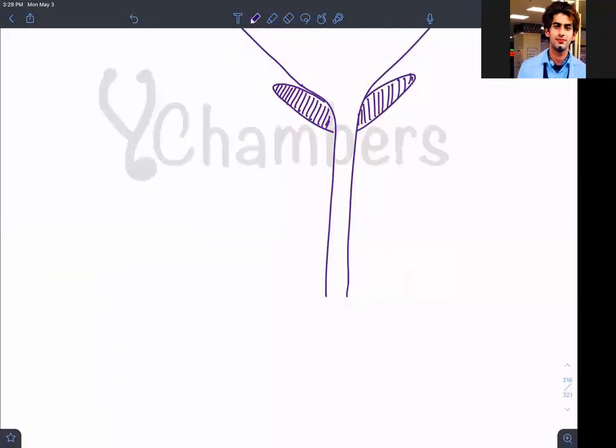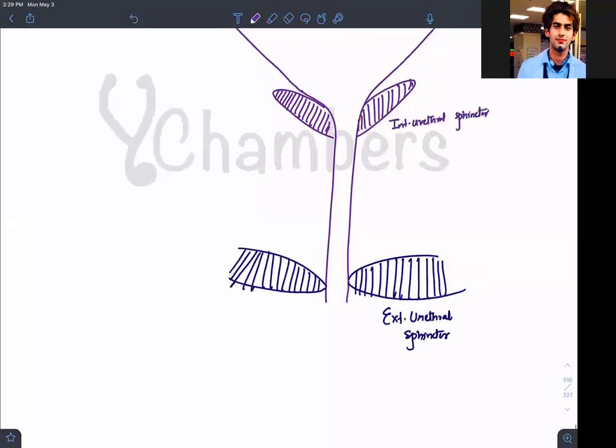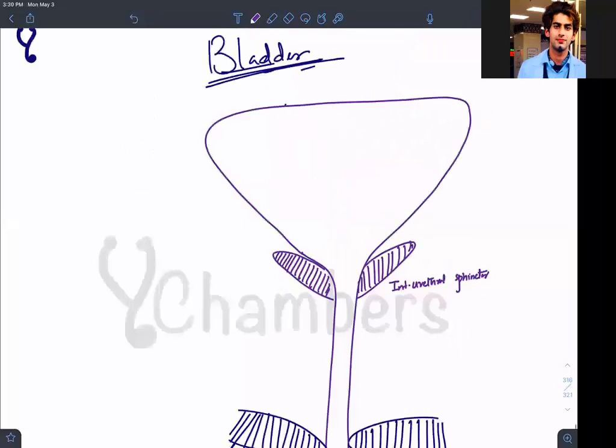And this is your external urethral sphincter, guys. This is the external urethral sphincter, and this is the internal urethral sphincter. Fine. Okay.